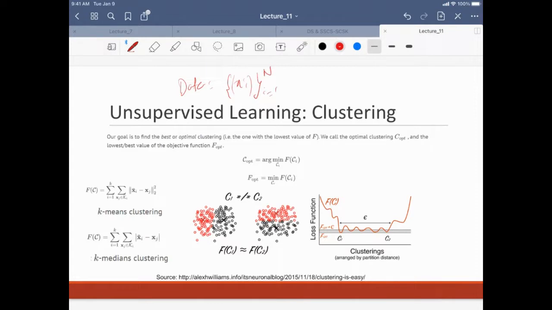So there are no labels. And the goal over here is to somehow partition your data into k bins. So this is the goal of clustering.